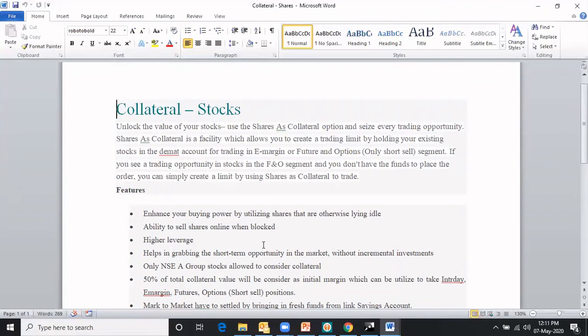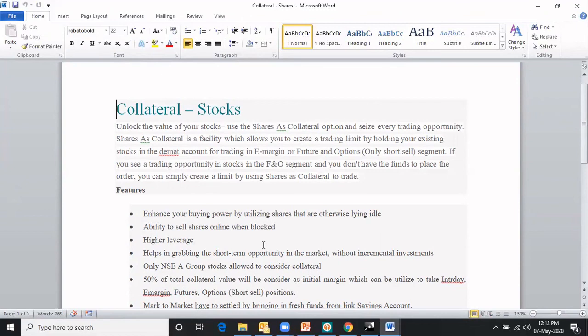We will take one example. Suppose I am a client and I am having say 50 lakhs rupees of Infosys in my demat account. If I am utilizing my collateral benefit, then what will happen? I can simply collateral my demat stock within a fraction of a minute. And on that value, say 50 lakhs is my value, haircut is suppose 50%.